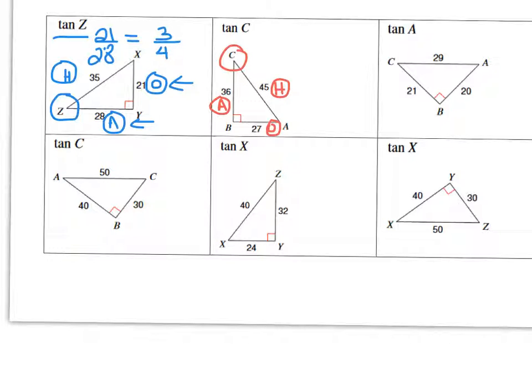I know the tangent ratio, that's the opposite leg over the adjacent leg, so it's going to be 27 over 36. Well, that reduces. Either put it into your calculator or realize that both of those numbers are divisible by 9, and that reduces to 3/4.